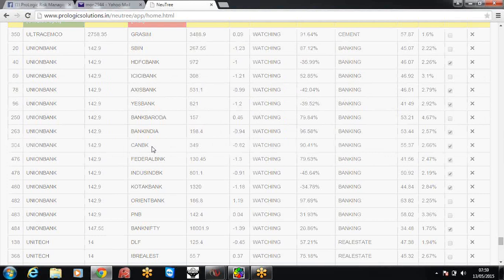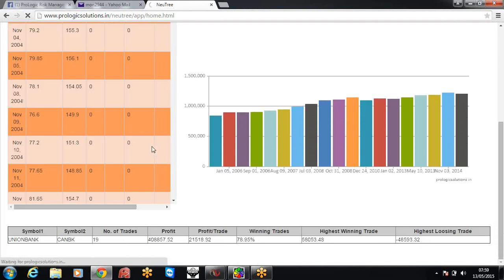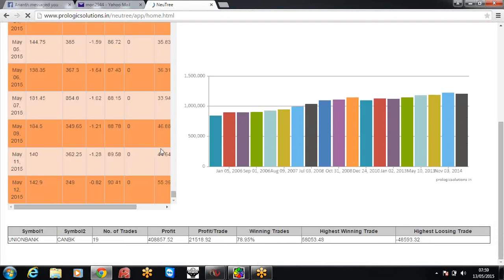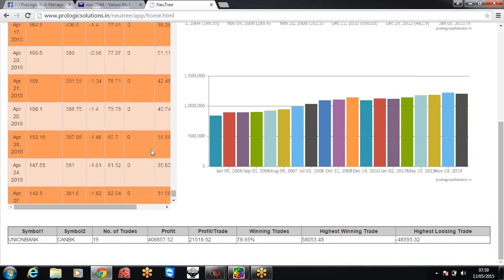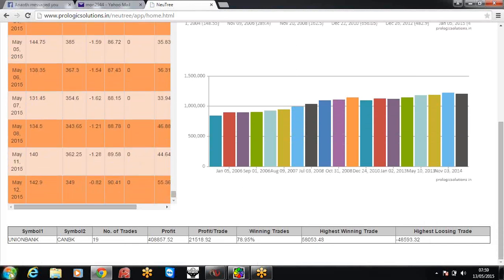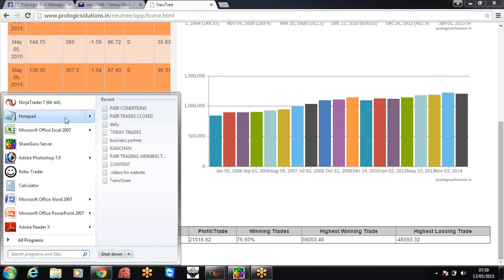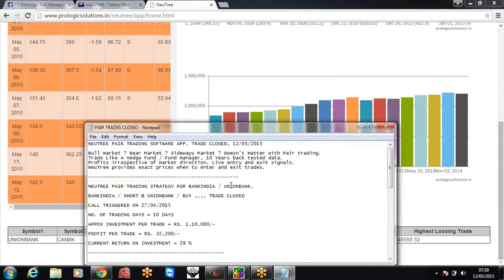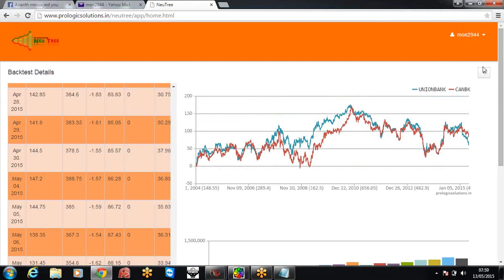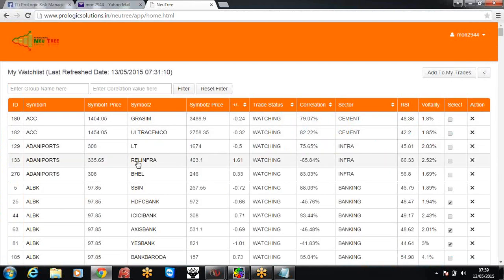This also closed yesterday. So you can just go to the end of the trade. No, I think it was another trade. Let me just check. So Bank of India and Union Bank. I'm sorry, that trade closed.